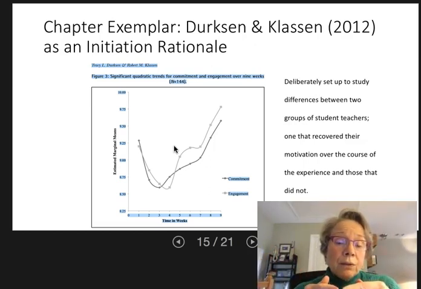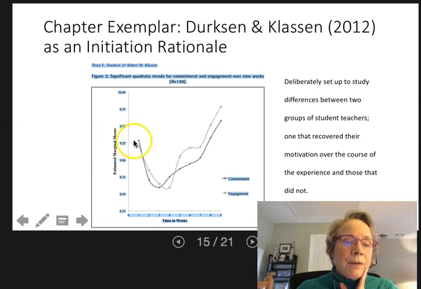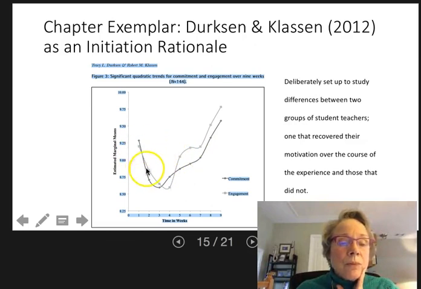These are teaching students in schools or colleges of education during the semester when they first begin to transition into being full-time teachers. And Durksen and Klassen found that their motivation had this nice, tidy U shape. So this is a U shape here. And that most students participating recovered this motivation.